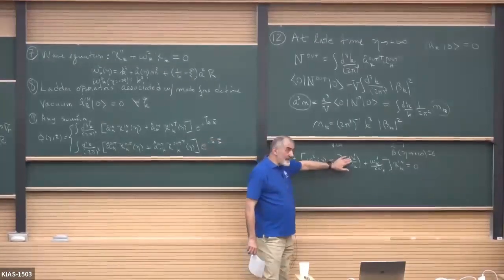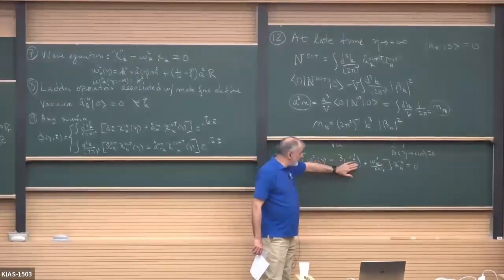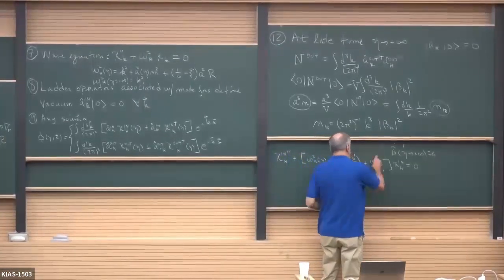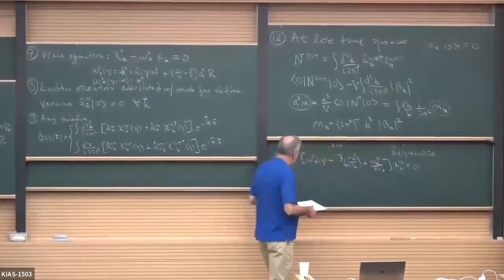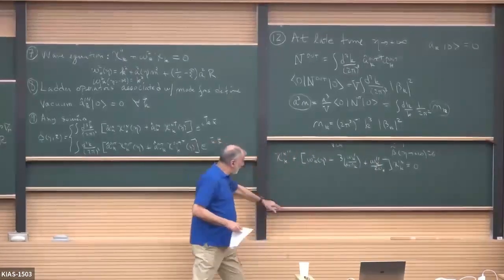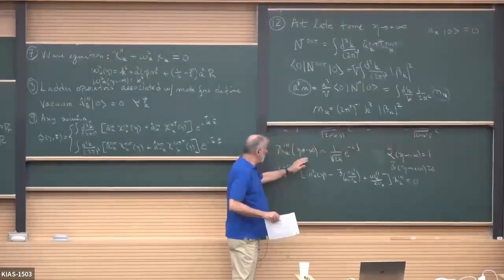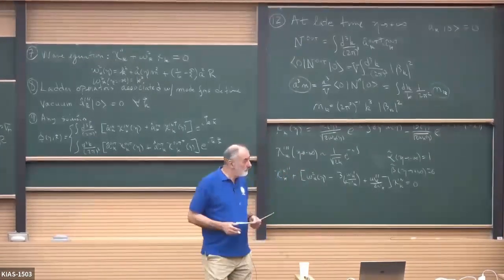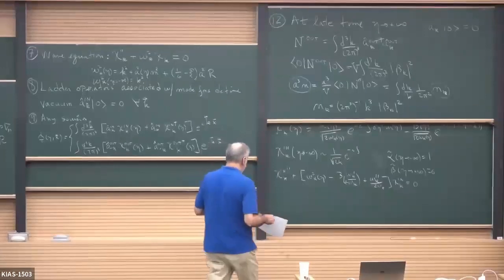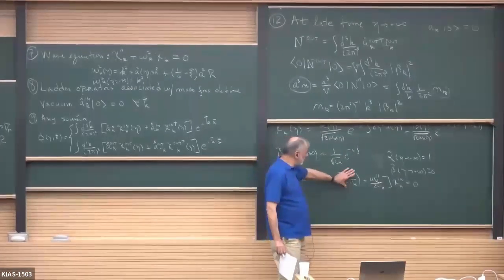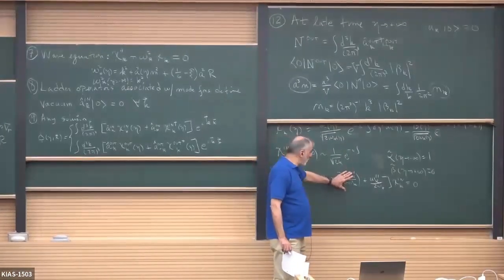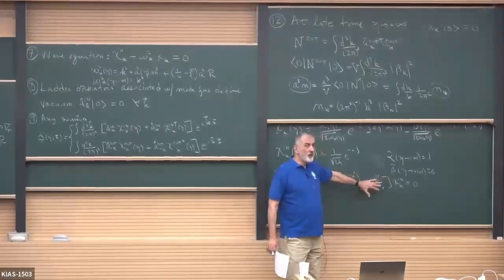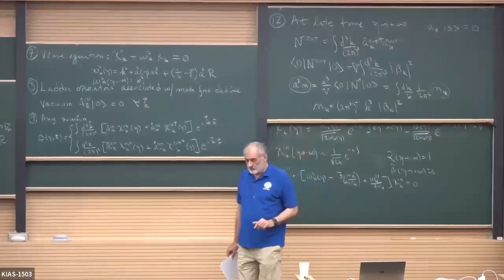So if omega k does not change with eta, these two terms will not be present. This is the double second derivative. And this will be a solution to the wave equation for all time. But if these terms are large, large being sort of order 1 compared to omega k squared, then it will no longer be a good solution.